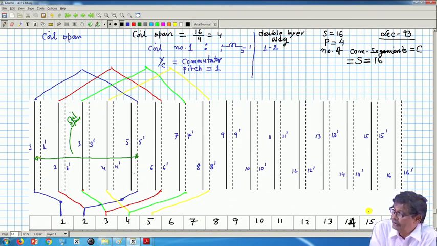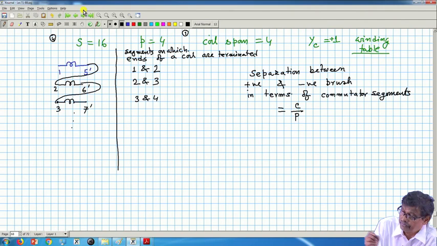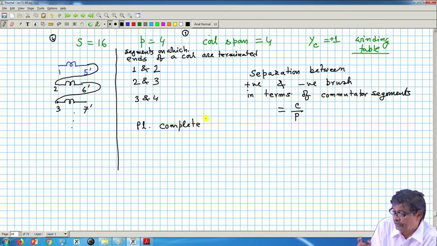Now, I will discuss the wave winding. Lap we have understood earlier, I have just reviewed that. Now, in the wave winding, what will we be doing? So, please complete this table. It is your job.